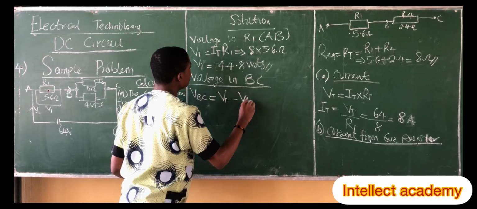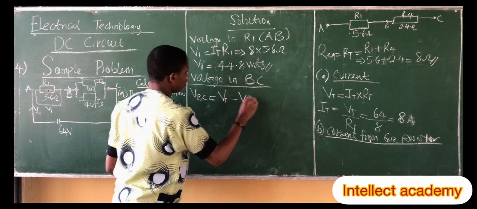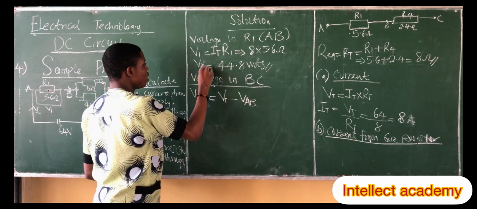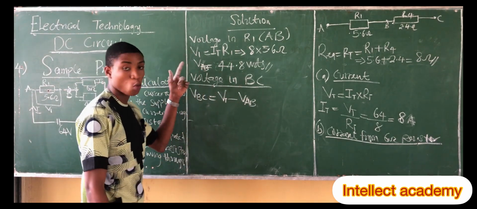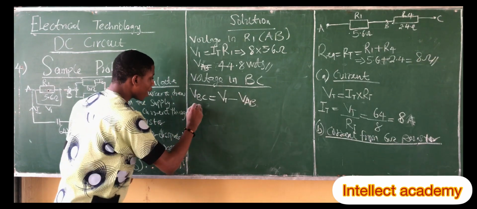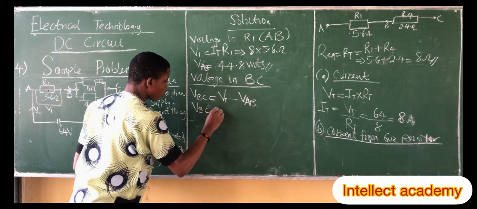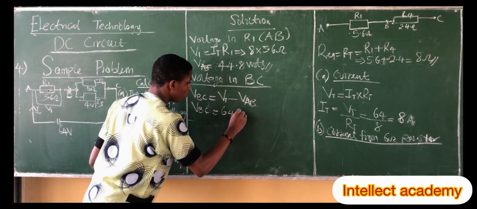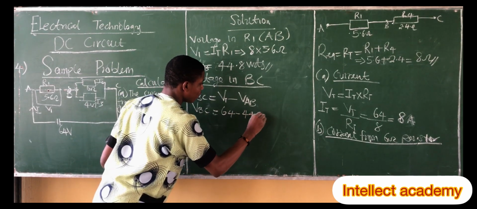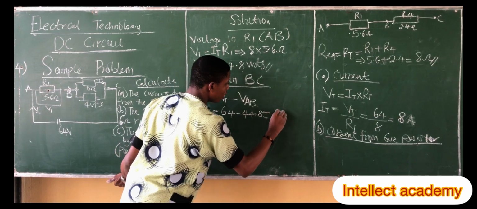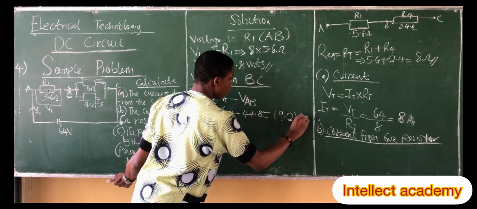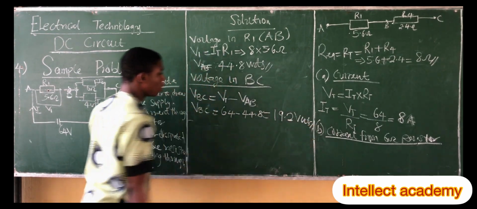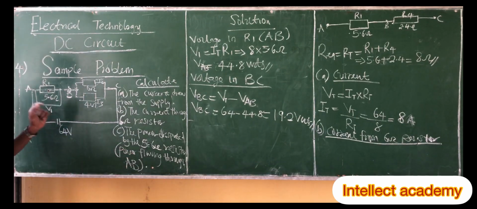The voltage in AB. Take note that this is known as the voltage in AB. It is known as the voltage in R1. So when we do that, we have the voltage in BC is equal to 64 minus 44.8, so we have 19.2 volts.